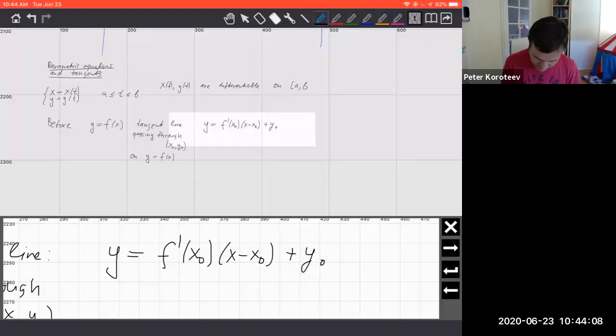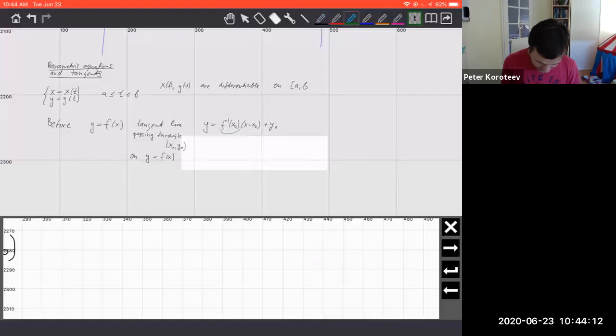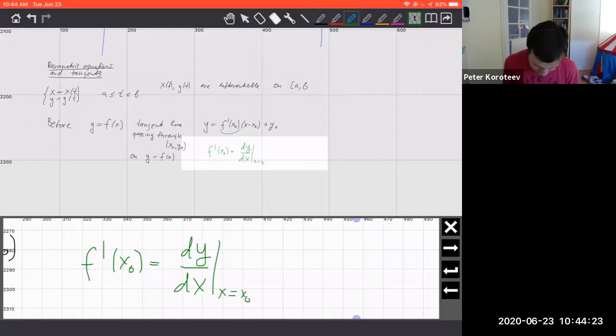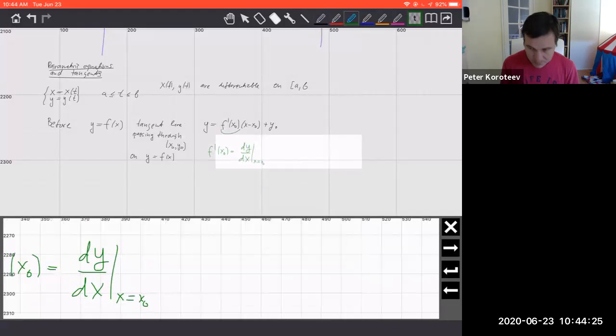So we have this derivative here. f prime of x0 is also dy divided by dx, evaluated at x equals x0. Then we can use the chain rule.